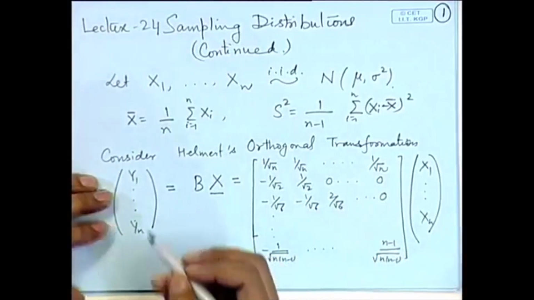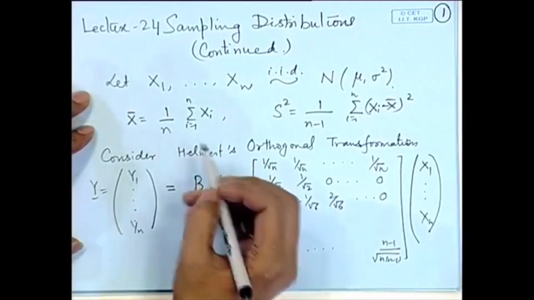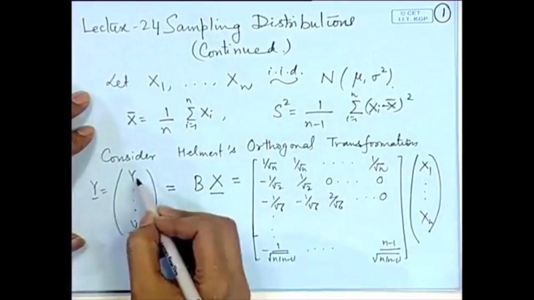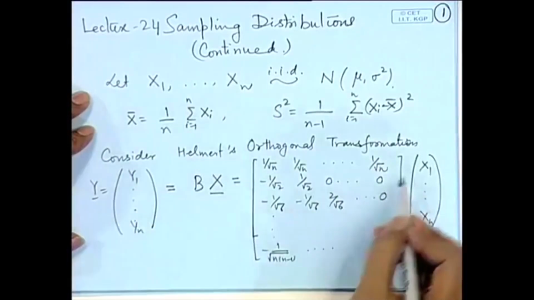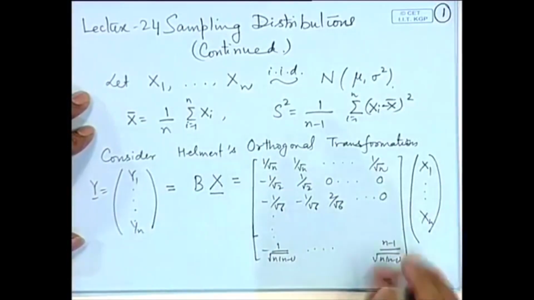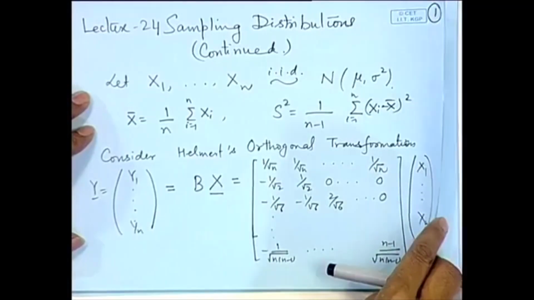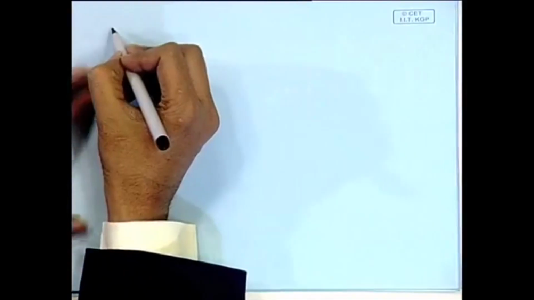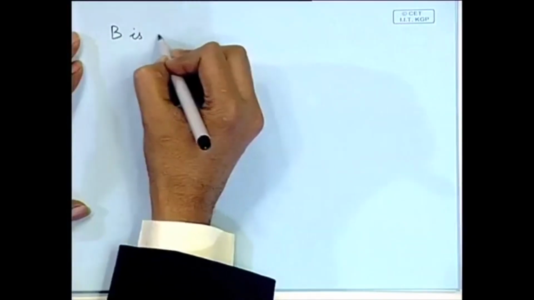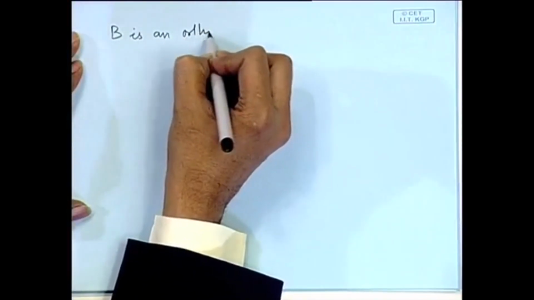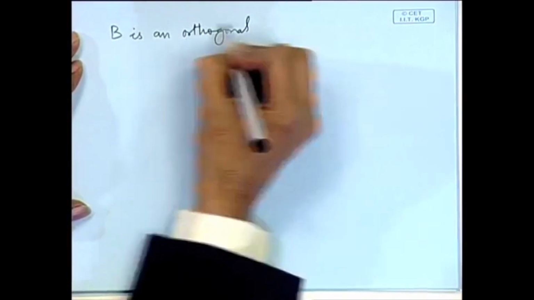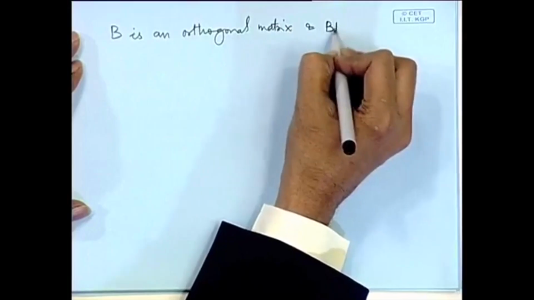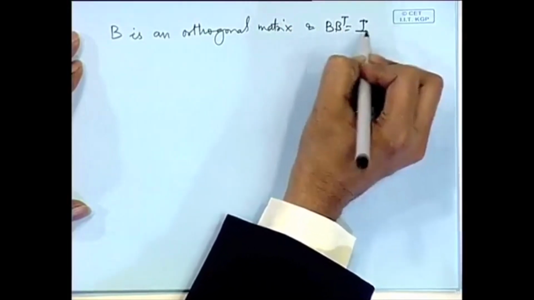Now, let us see the effect of this. What we have done is transform the x1, x2, ..., xn variables to new variables y1, y2, ..., yn by means of this. So, B is an orthogonal matrix and we have B B transpose equal to the identity matrix.